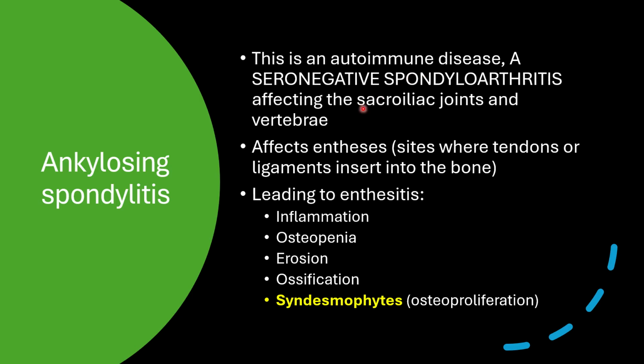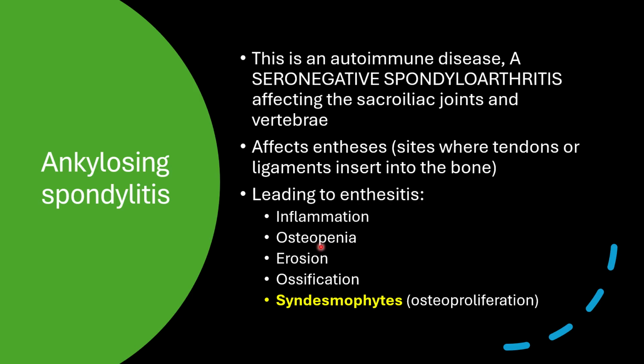Okay, let's move on. Ankylosing spondylitis affects entheses, that is the sites where tendons or ligaments are inserted into the bone, leading to the inflammation of the entheses, meaning enthesitis.